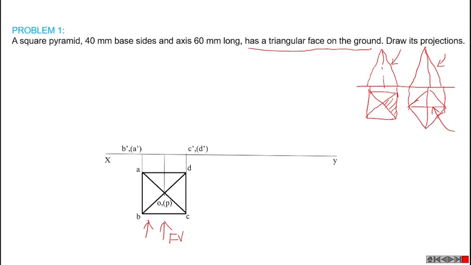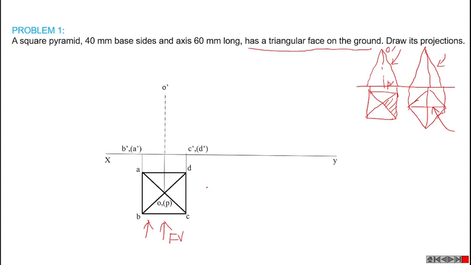Then we can project this axis point also. This point will become p dash, and this point will become o dash. Axis height is given as 60 mm and the base is 40 mm.